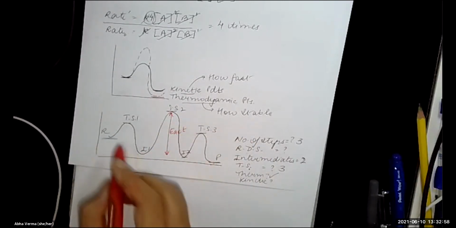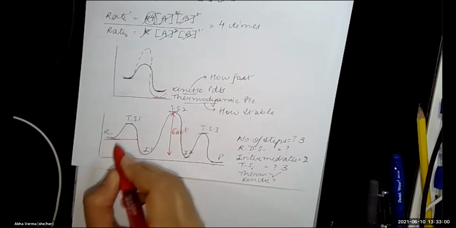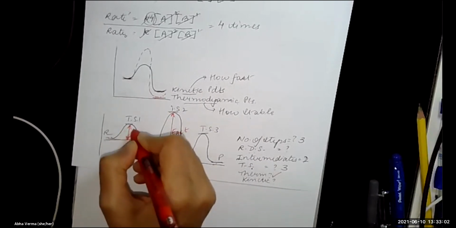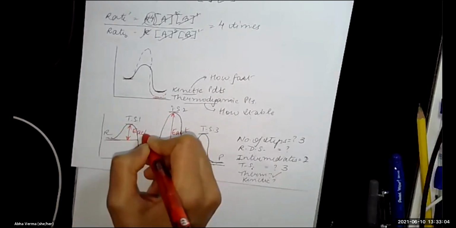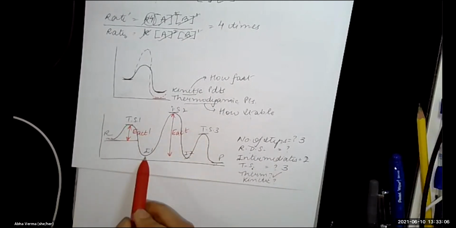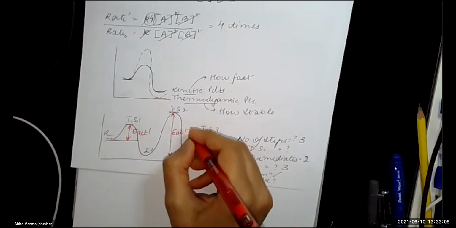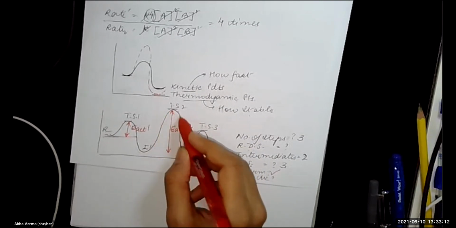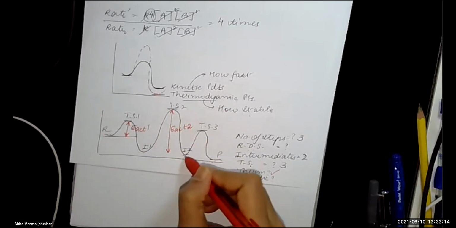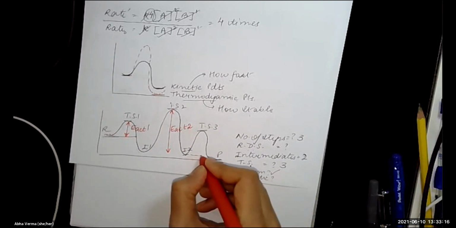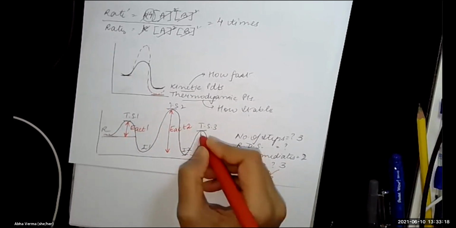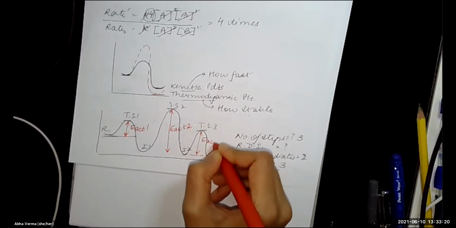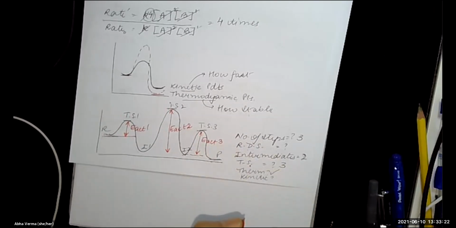If you look at all of these, from this starting point, the next hump is right here. So this is our first E activation energy. From this intermediate, I have this activation energy. It has to cross all of this energy to come to the next step. The last step also requires some E activation energy.